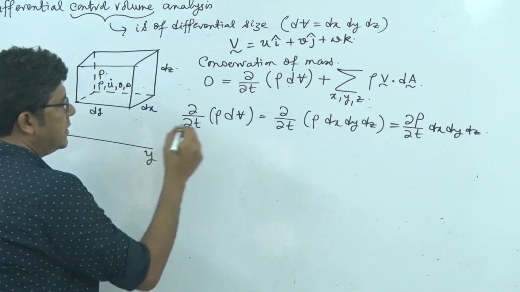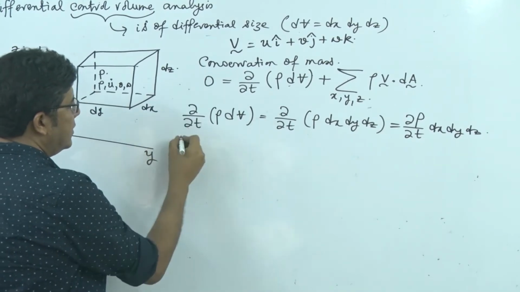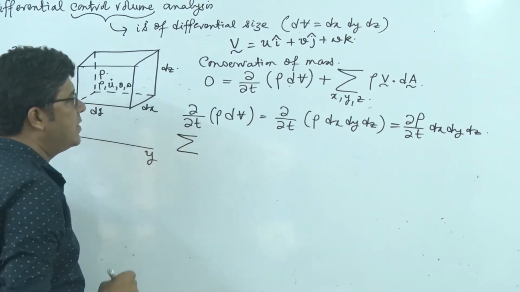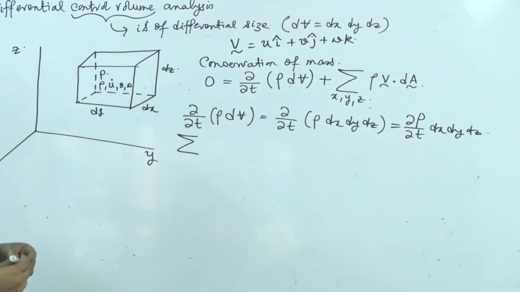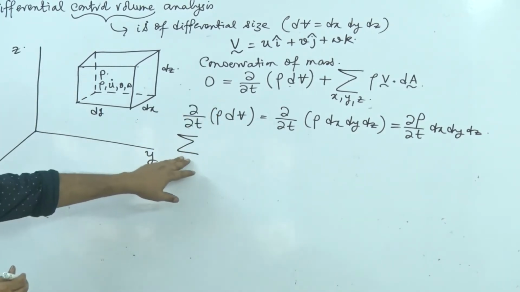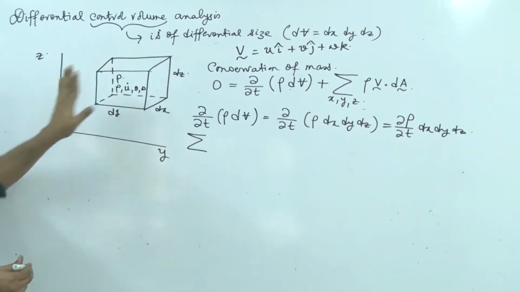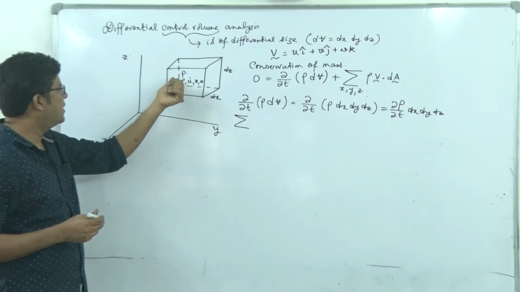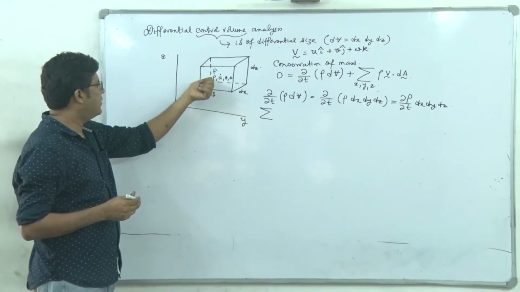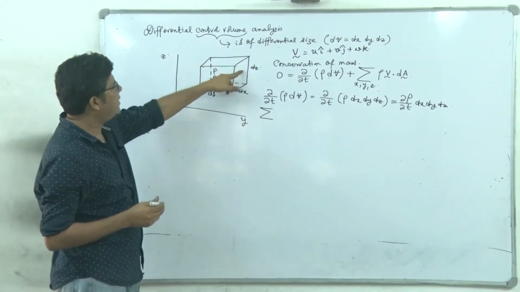So next, what about the surface term? Let me write it for the x directional faces, meaning the front face and the back face. These are the two x directional faces because their normals are along positive x and negative x.